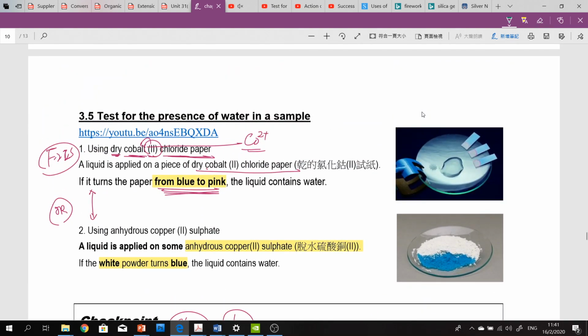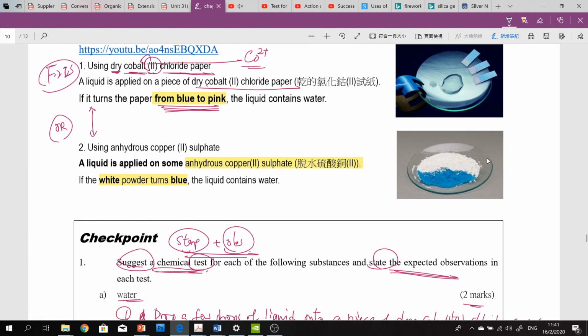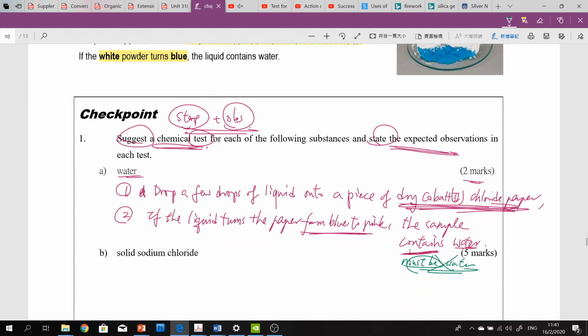If I do the same test, it will also give you a color change. Or even maybe beer. For example, beer. If I apply it to beer, it will also change color because beer contains water. So can you get my point? It contains water, but it does not show that it is pure water.